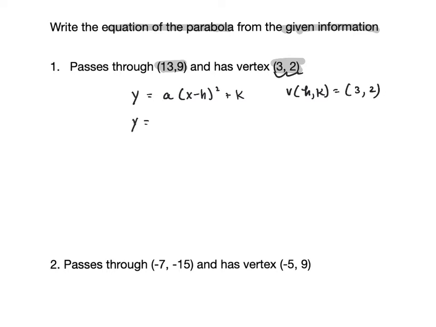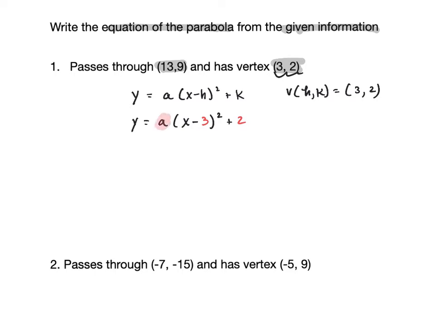So it's just a direct substitution. x minus, what's h? In this case, it's 3. And what is k? In this case, it is 2. So that's the equation of our parabola, except we do not know the value of a.